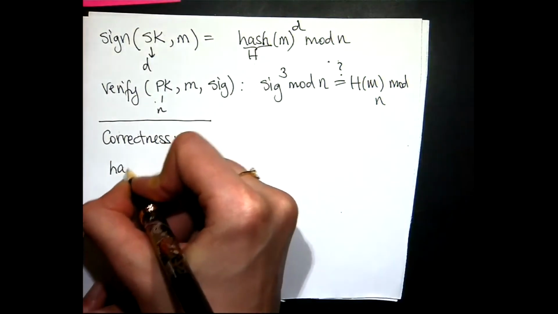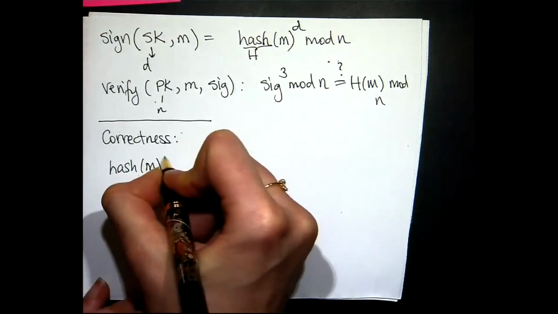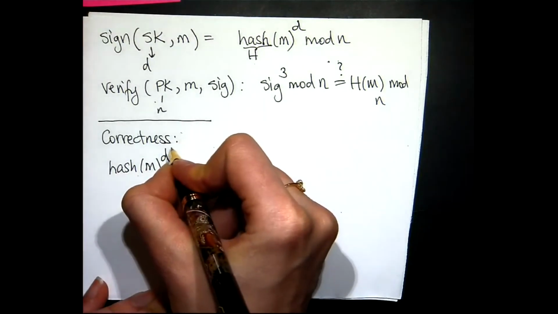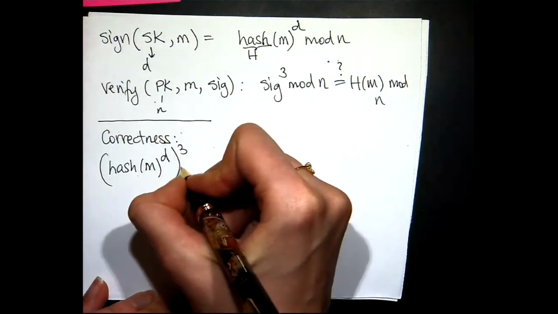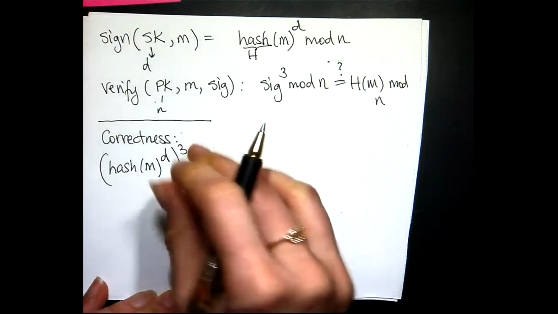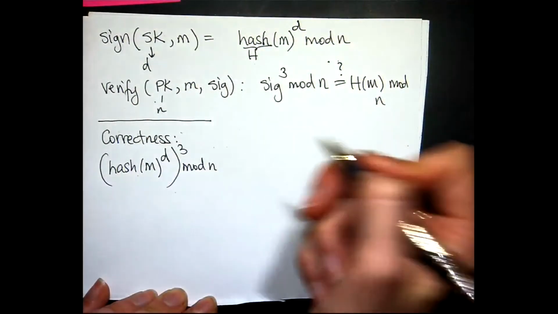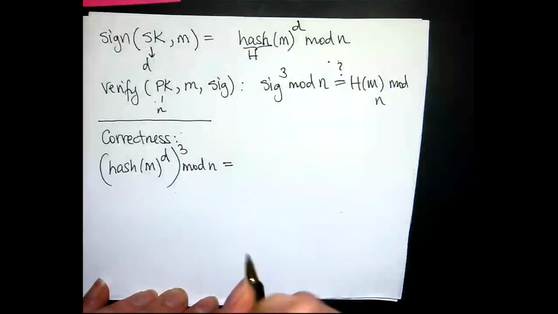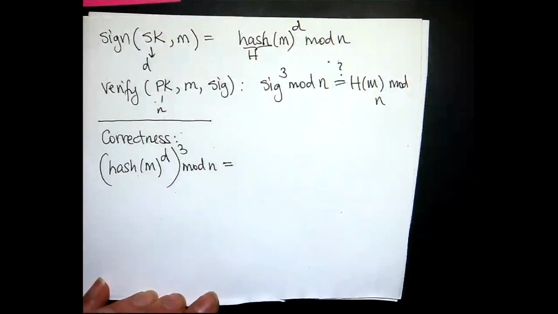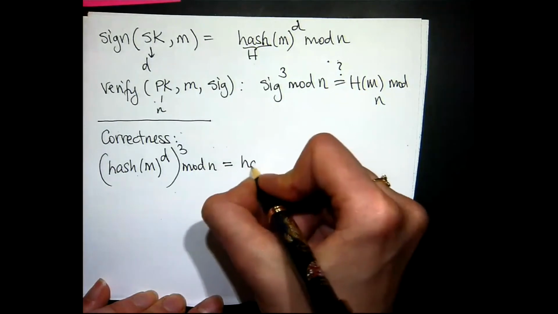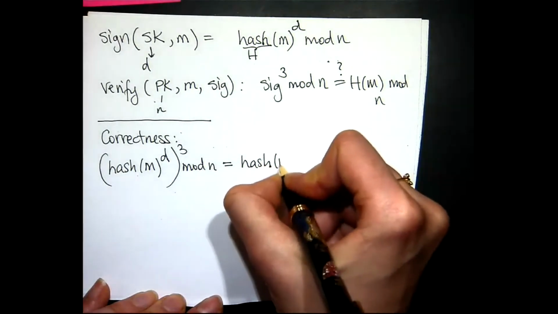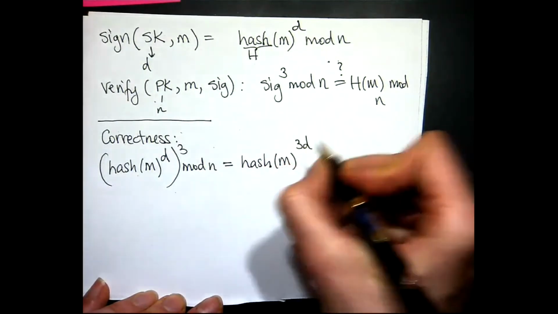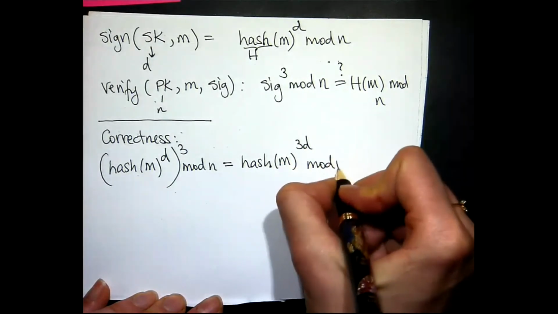So you have the hash of the message M to the D, to the power of 3, everything modulo N. Again, you can always take the modulo N out of the parentheses, because you're working within the modulo N group. So this is just the hash of the message to the 3D, modulo N.